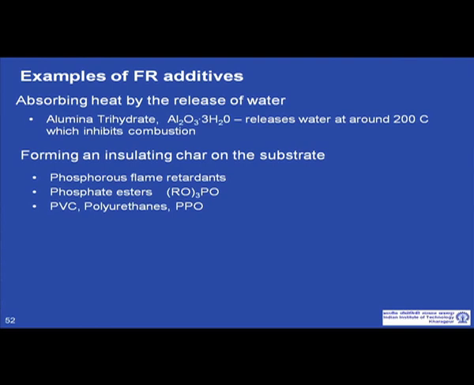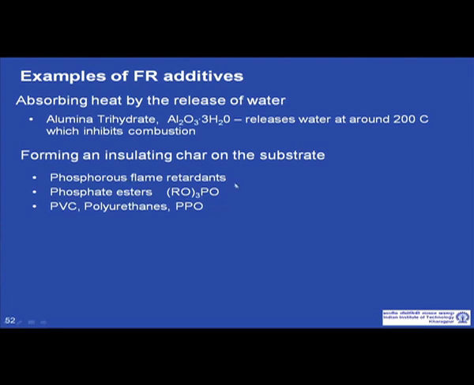The second mechanism by which some of the additives may function is by forming an insulating char on the substrate, as we just discussed. Some examples are phosphorus flame retardants, such as phosphate esters, used mainly for PVC, polyurethane, and polypropylene oxide type polymers.